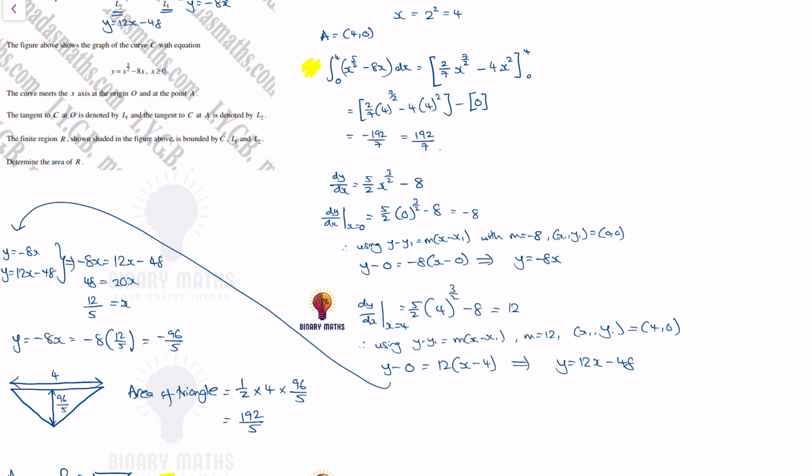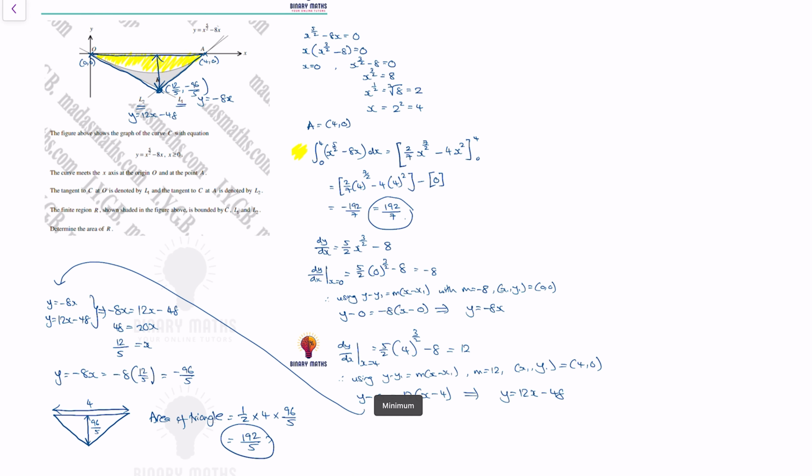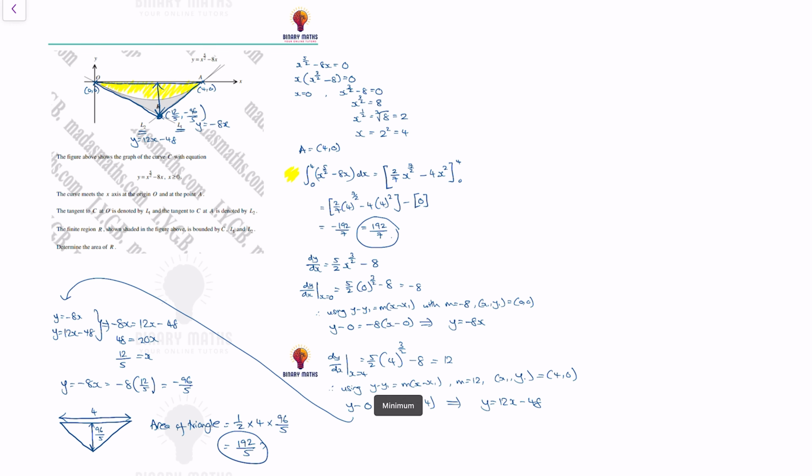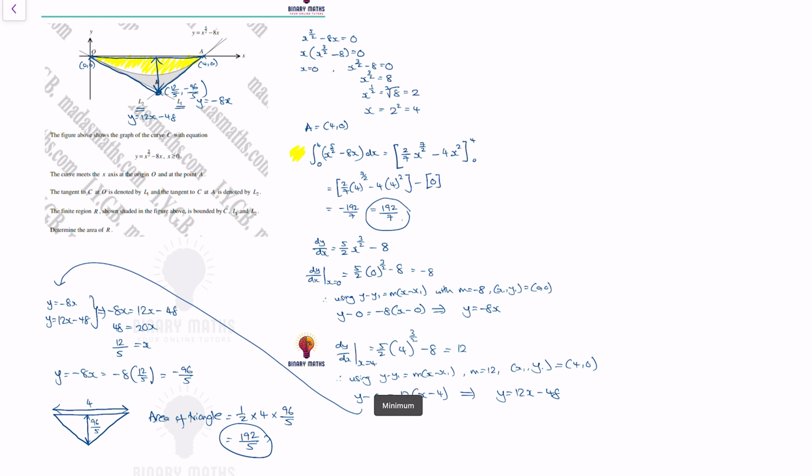So it's equal to the area of the triangle, which is 192 over 5, take away the area of the yellow part, which is 192 over 7, which gives us a value of 384 over 35. And that would be your final answer. So you can clearly see, if you want the area of R, you need to do area of triangle, take away the yellow part that we worked out.